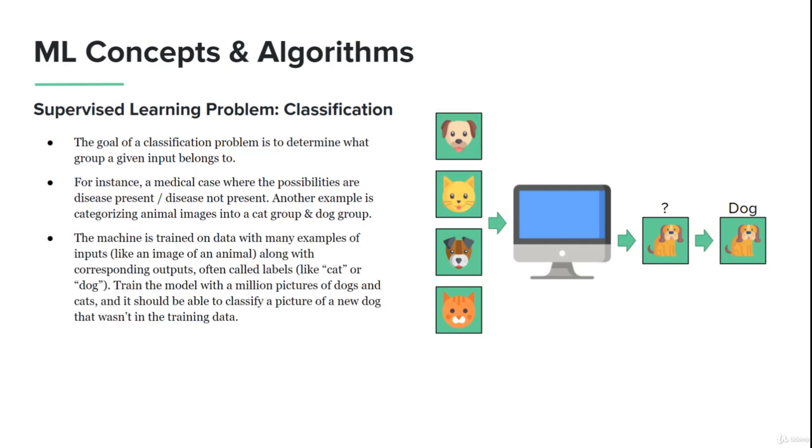And so the machine is trained on data with many examples of inputs, like the image of an animal, along with the corresponding output, which is often called a label, like a cat or a dog. So what we do is we train the model with a million or so pictures, a ton of images of dogs and cats. After that, it should be able to classify a picture of a new dog that wasn't in the training data. You notice here on the right-hand side we have 2 different types of dogs and 2 different types of cats.